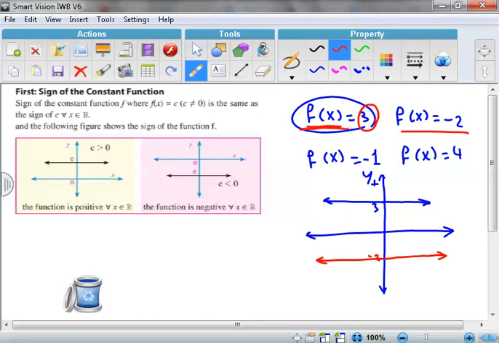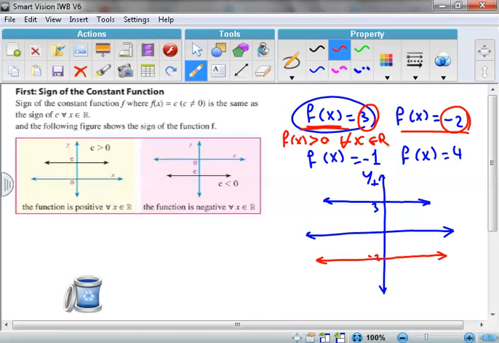If the number is negative, the function is negative. As with f of x equals 3, f of x is greater than 0 for all x belonging to R.